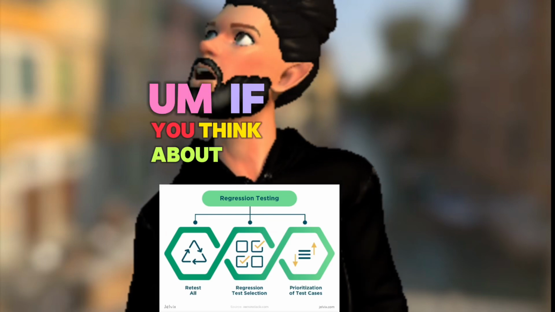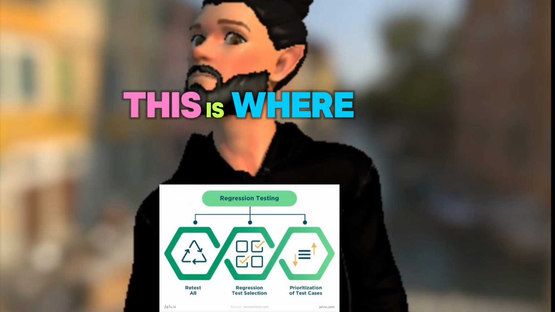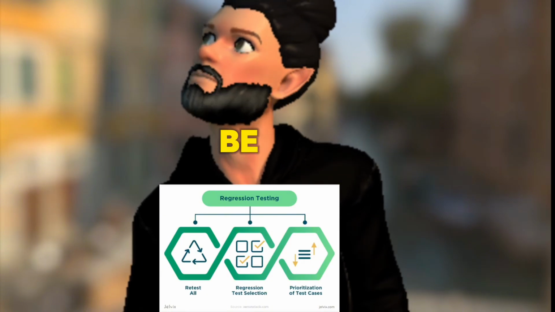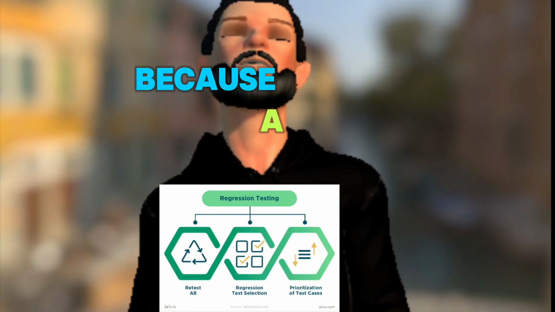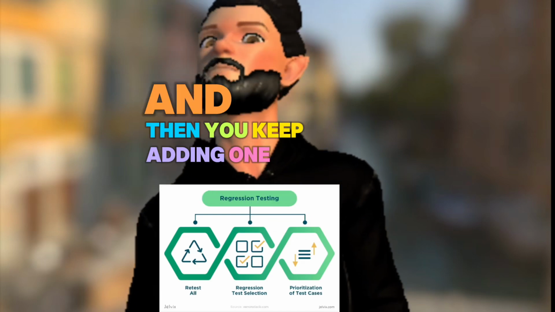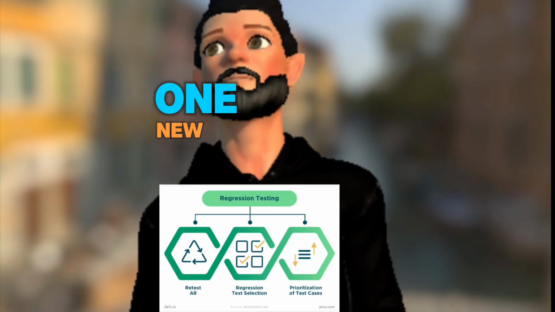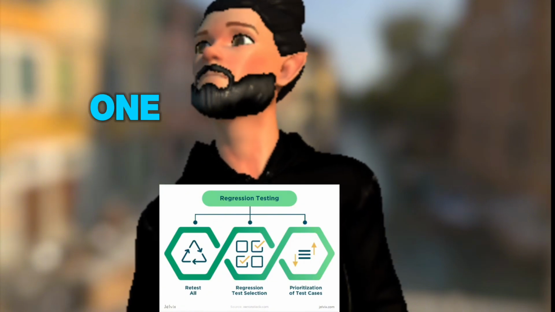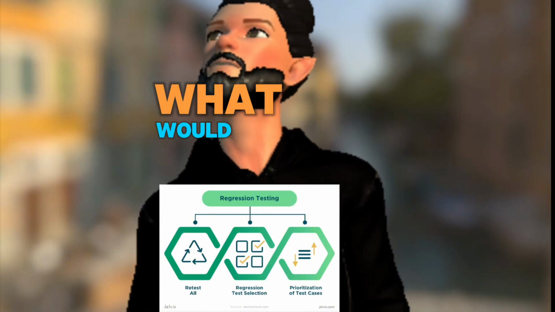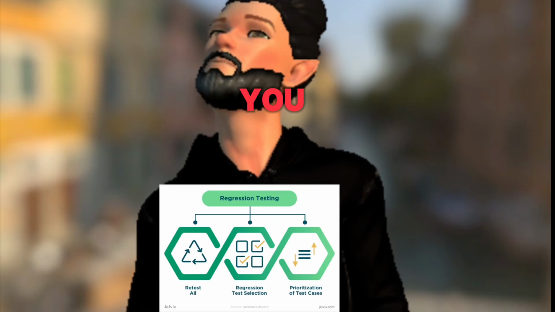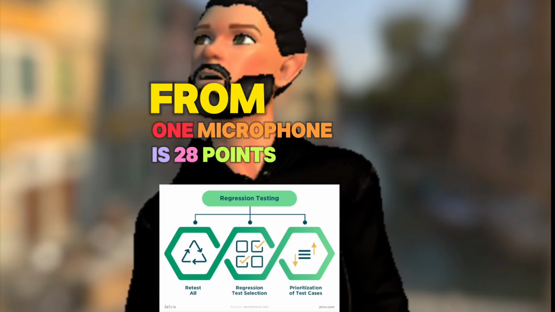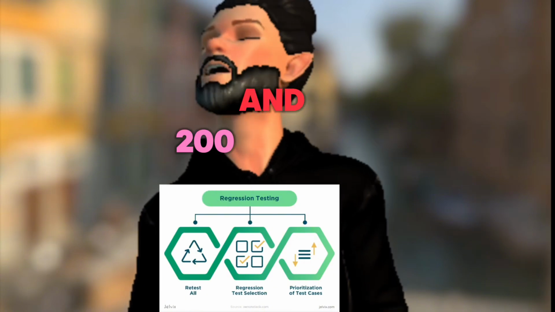If you think about modern software systems, this is where 80-90% of our automation focus will be, because it's a snowball effect. Once you start with 5 features and then keep adding one feature every 3 months, one new endpoint every month, one new payload field every week, over a period of 1 or 2 years you end up going from one microservice with 20 endpoints to 5 microservices and 200 endpoints.